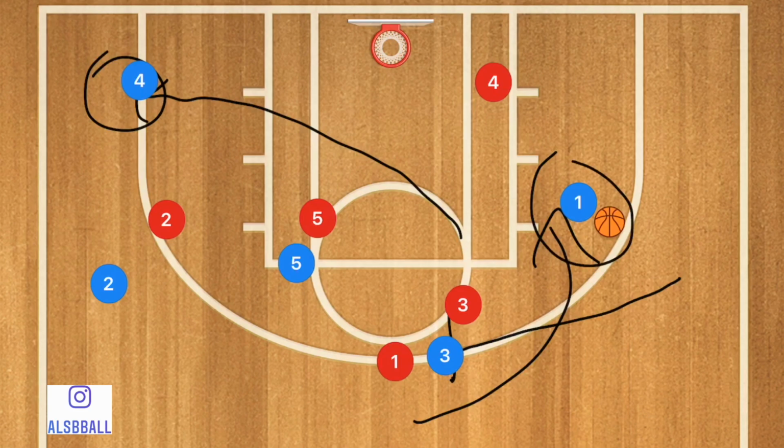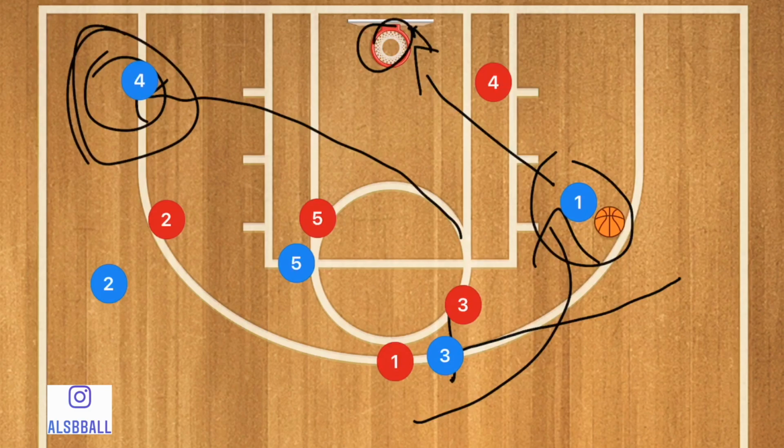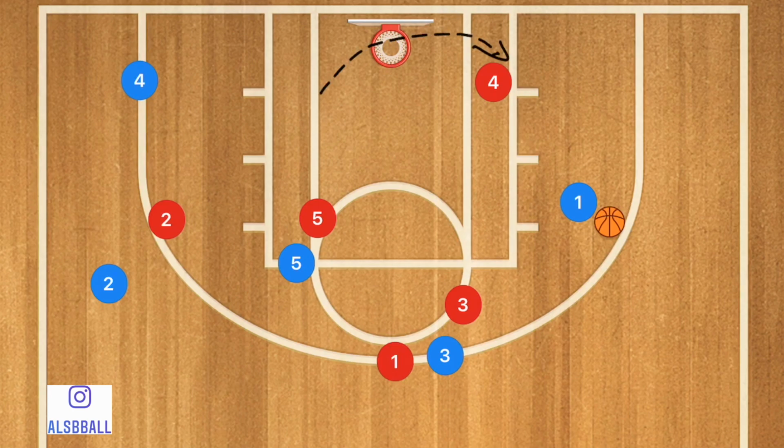Player 1 has two decisions to make. He can either drive towards the rim, get the layup or the dunk, or because player 4 is wide open because his man is now being forced to play help defense, player 1 could kick it out to player 4 for a 3-point shot.